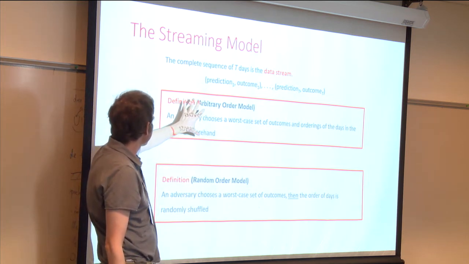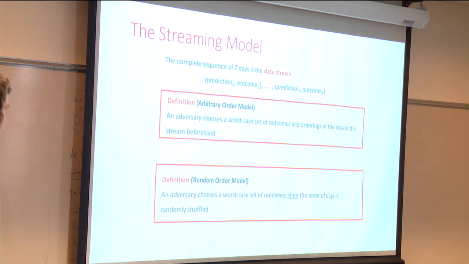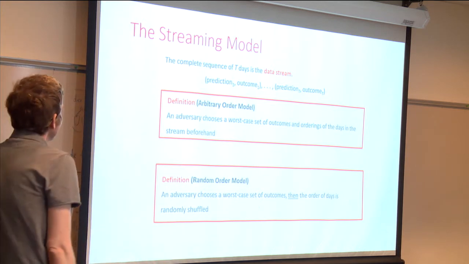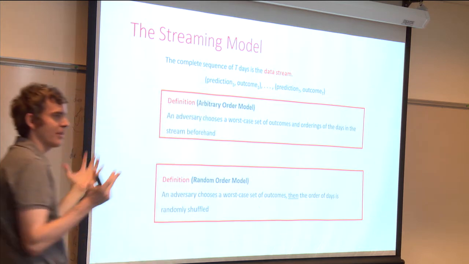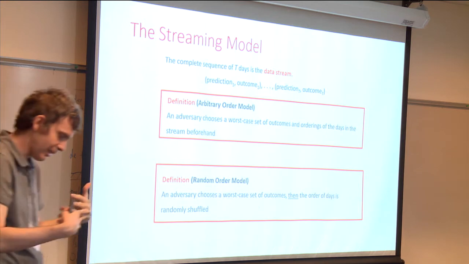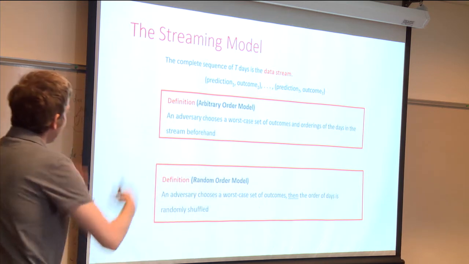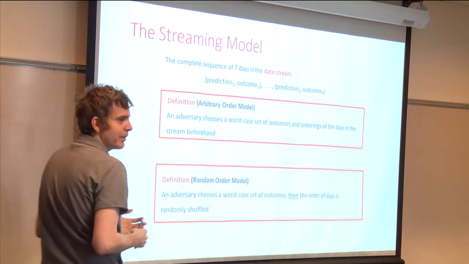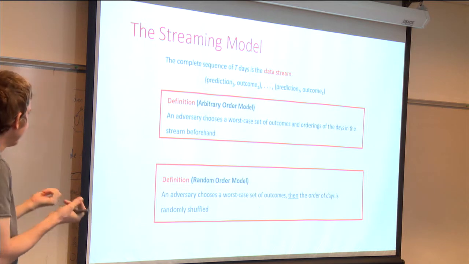This is, I would say, the standard streaming model. We'll also study the random order model. You can think of this model as follows. The adversary does what I just said. It creates these predictions for all days of the experts together with the actual outcomes. And then the days are randomly shuffled. This is one way of thinking of it. So this is a more benign adversary.